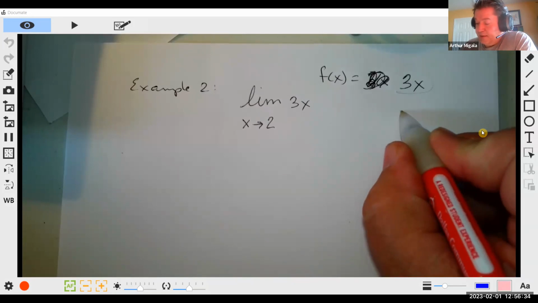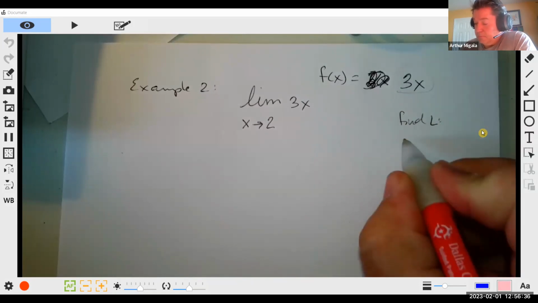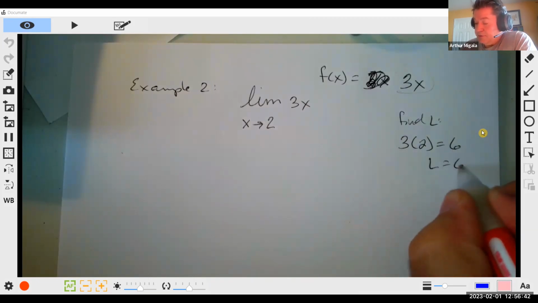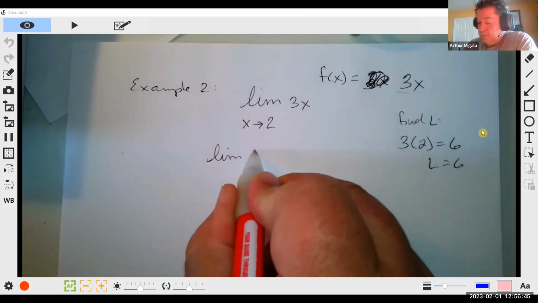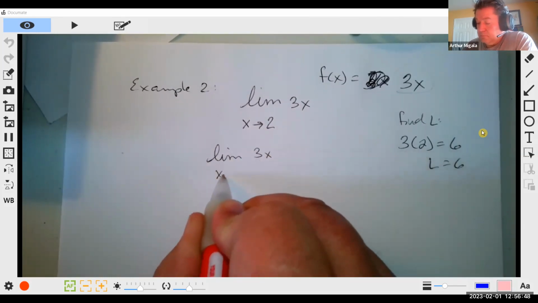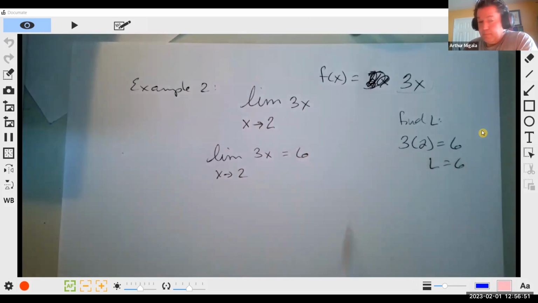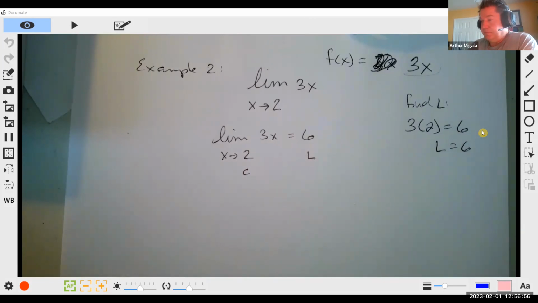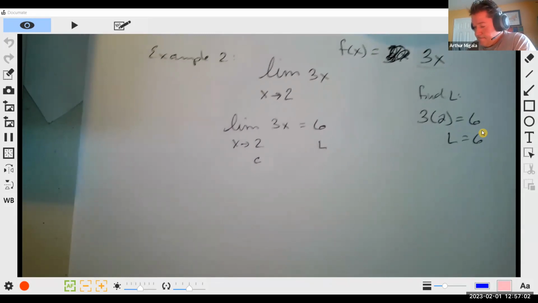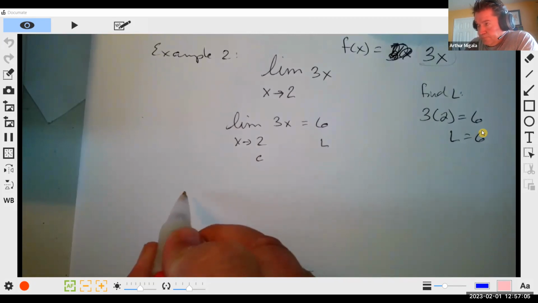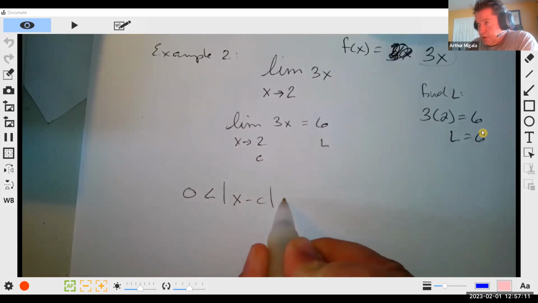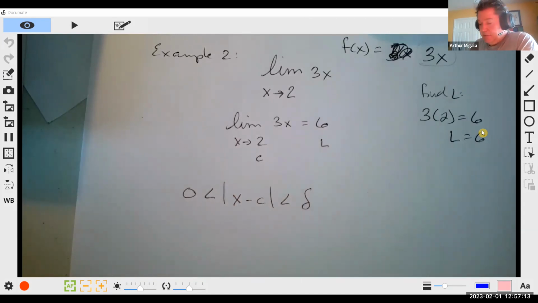The first thing we've got to do is find L. So 3 times 2 equals 6. So L equals 6. Remember, this is our c value and this is our L value. Start off by finding delta.